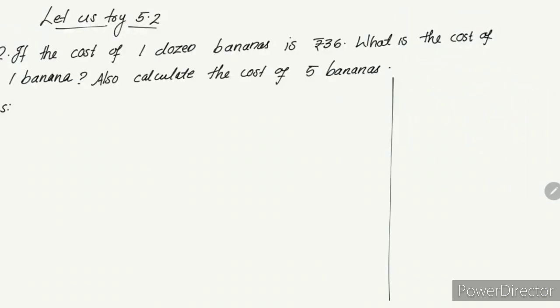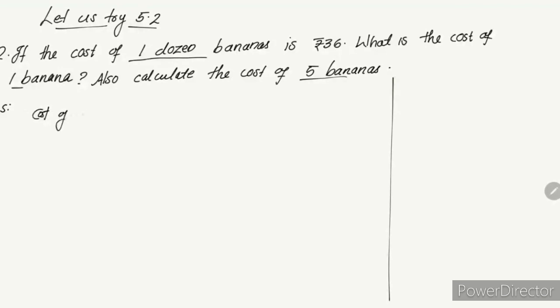This is our next question. Let us try 5.2, second question. If the cost of 1 dozen bananas is 36 rupees, what is the cost of 1 banana? Also calculate the cost of 5 bananas. Here they have given the cost of 1 dozen bananas, that we can write first.